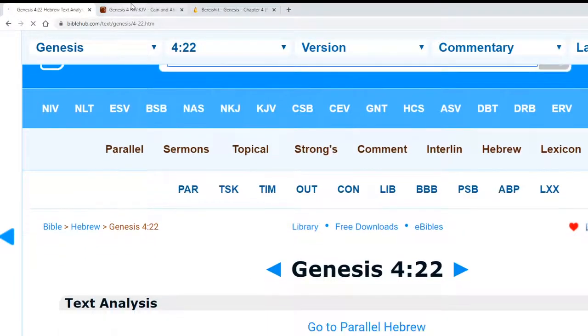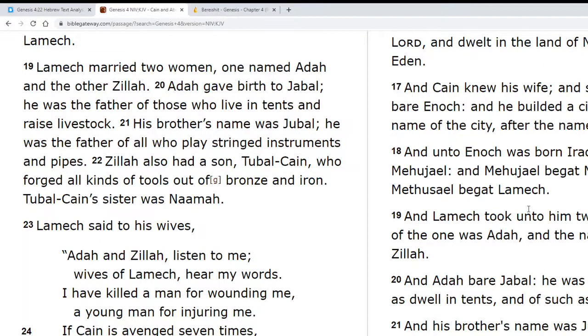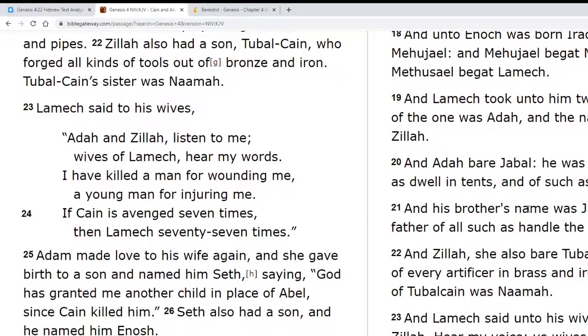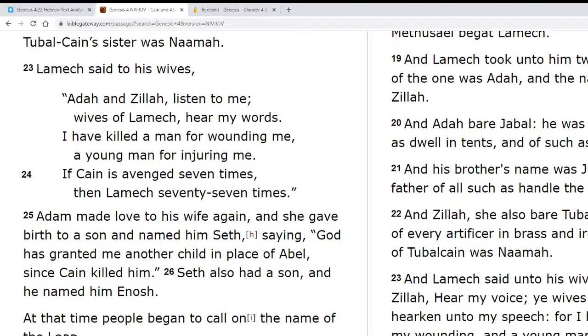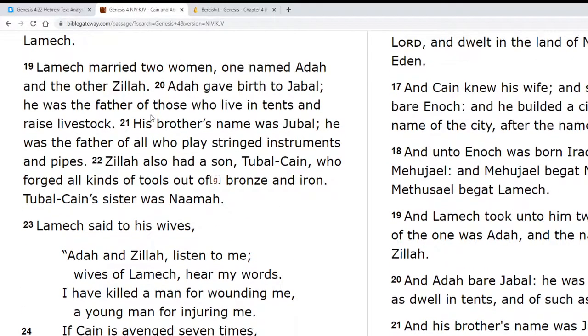Okay, let's look at King James, verse 21. And his brother's name was Yuval. He was the father of all such as handle the harp and organ. So they're translating the ugav as organ. The NIV, verse 21: His brother's name was Yuval.